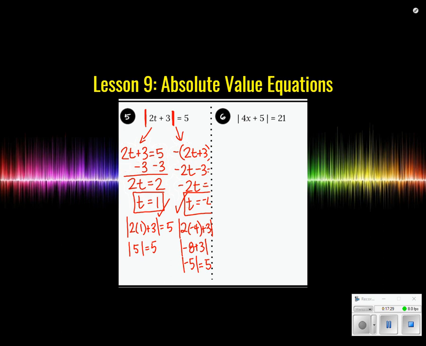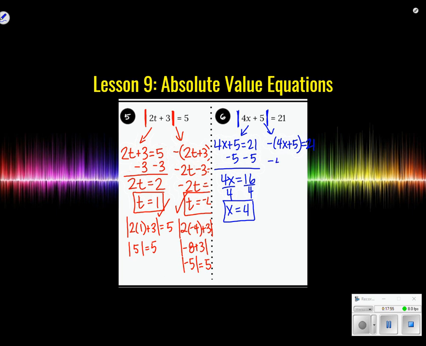And let's look at number 6. Absolute value bars by themselves. So now we're ready to split. 4x plus 5 equals 21. Negative 4x plus 5 equals 21. And then we're going to solve each one. 4x equals 16. Divide by 4. X equals 4.